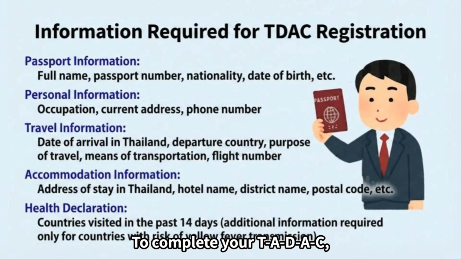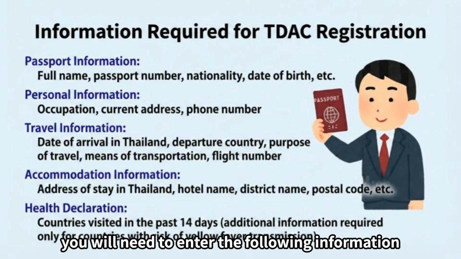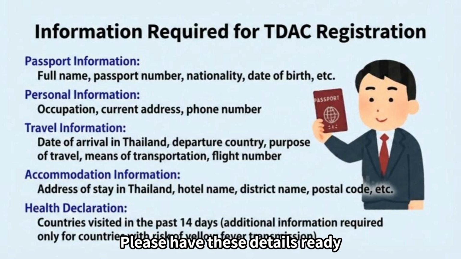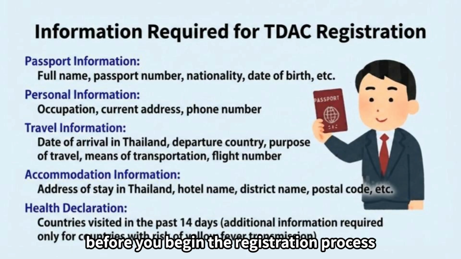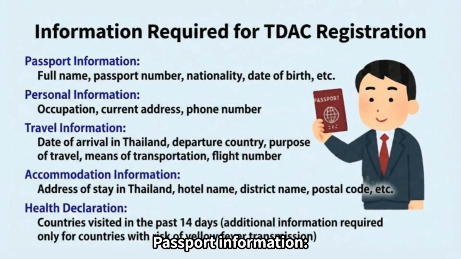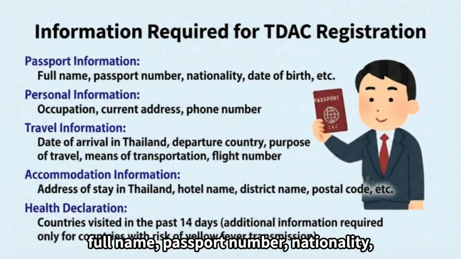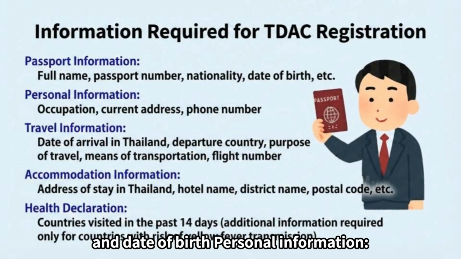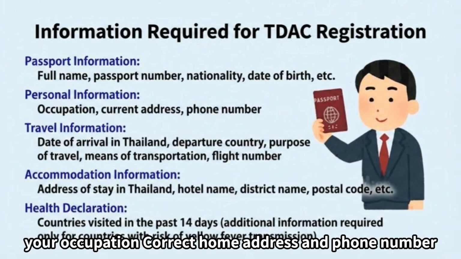To complete your TDAC, you will need to enter the following information. Please have these details ready before you begin the registration process. Passport information: full name, passport number, nationality, and date of birth. Personal information: your occupation, correct home address, and phone number.